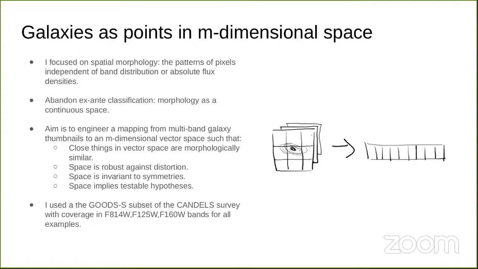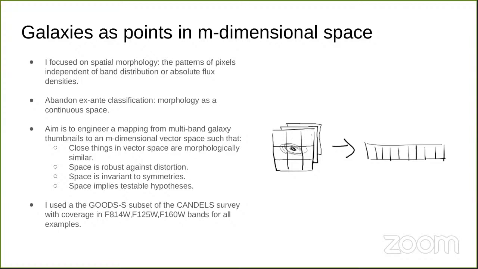In order to do this, what you need to be able to do is take a galaxy image, preferably across multiple bands, and think of a good way of projecting it into a point in some n-dimensional space. And you want to be able to do this in a way that afterwards you can test that space and make sure it is useful and relevant.